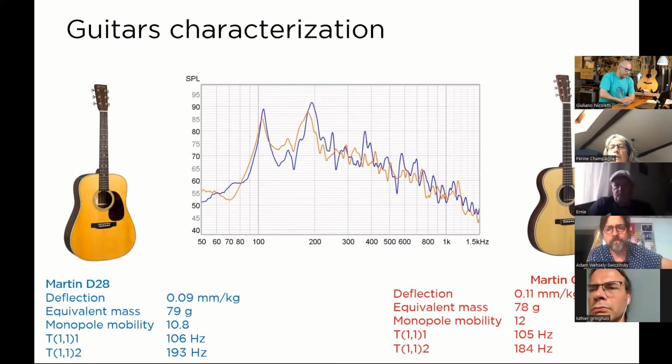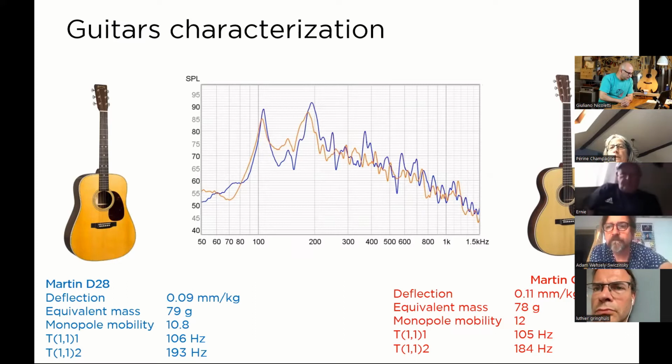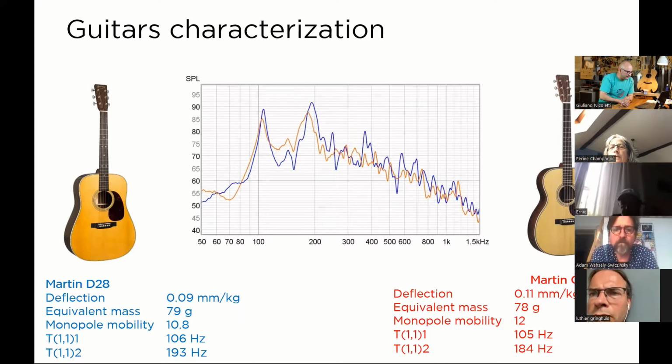This is interesting also because this is the OM28, still Martin. And this, if you see, we have a very similar spectral distribution of the modes, but the Martin in green has a 6 dB lower SPL because it's very heavy. If you see, the weight of the equivalent mass of this guitar, of the soundboard, is the same as the Martin D28.